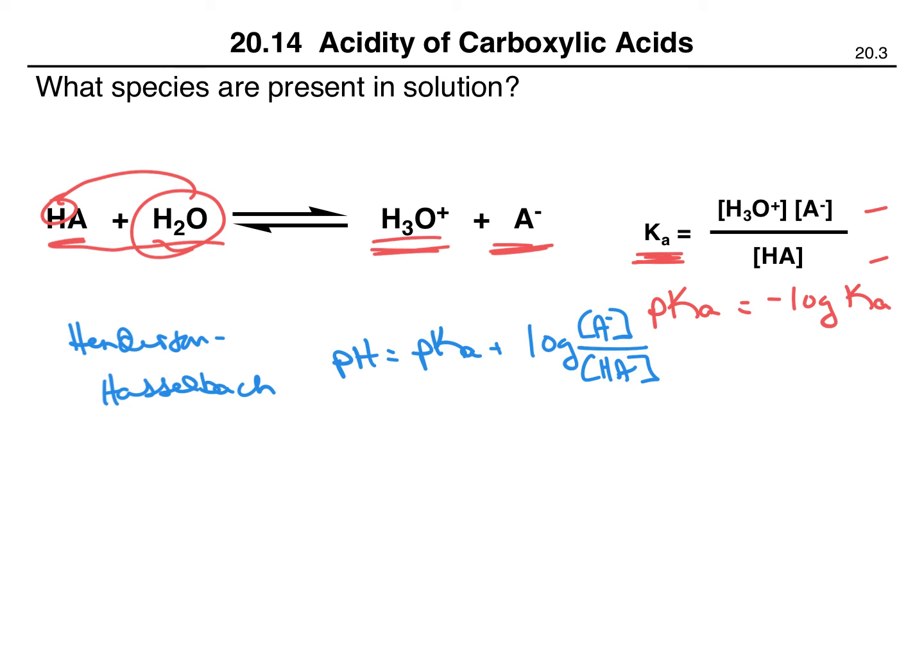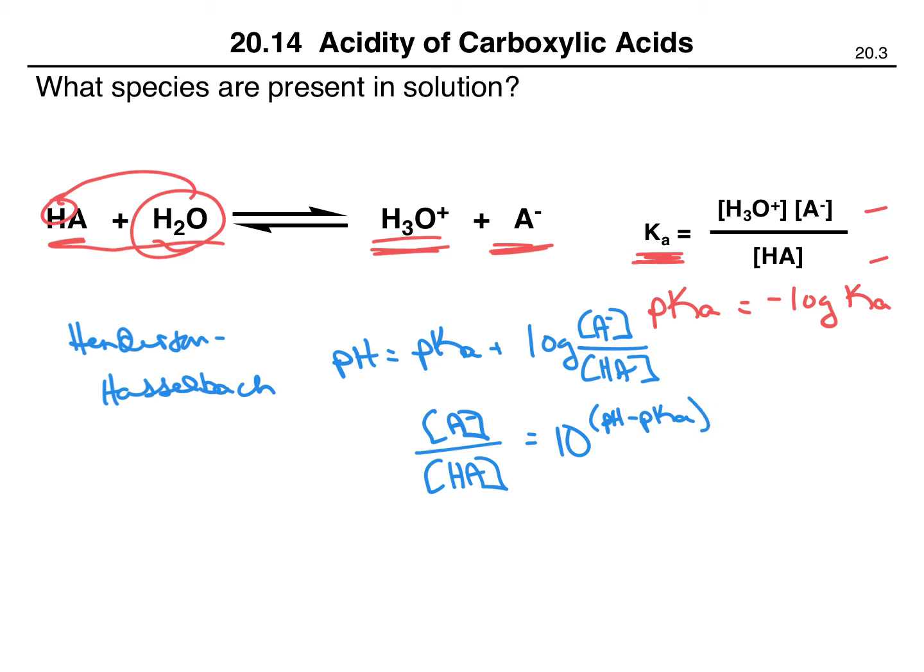Now this can be rearranged, and it gives the concentration of A minus over HA is equal to 10 raised to the power of the pH minus the pKa.